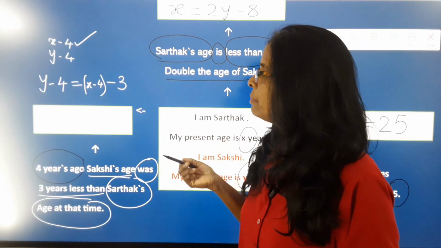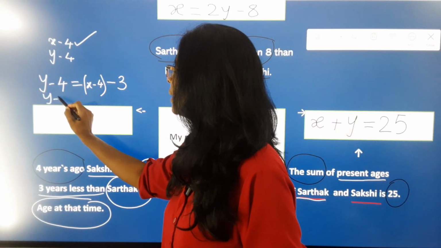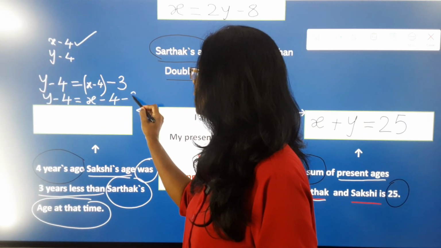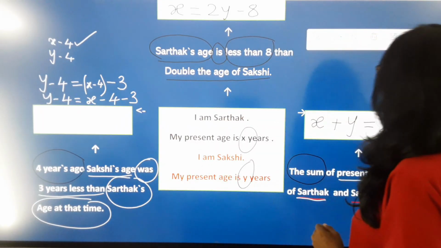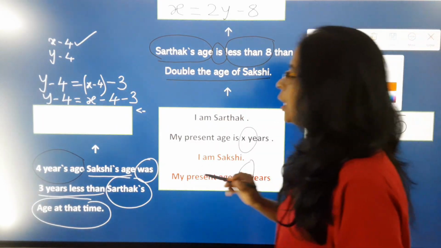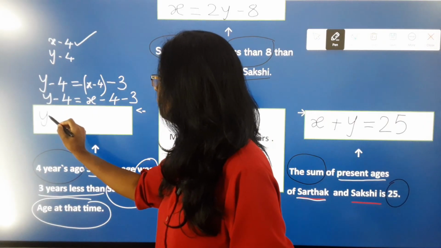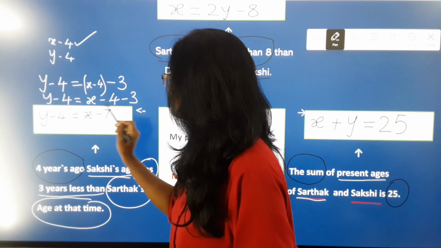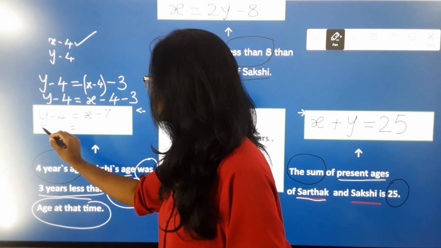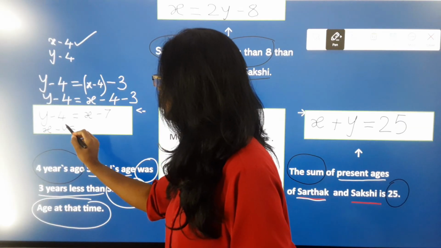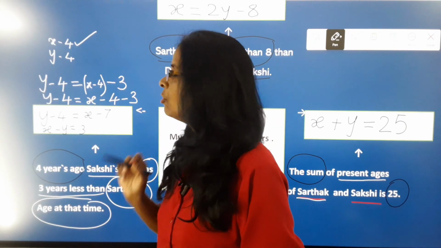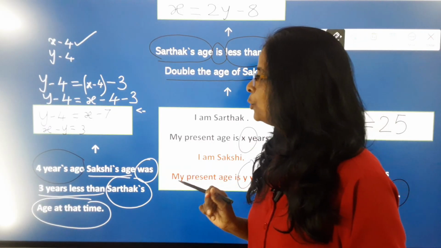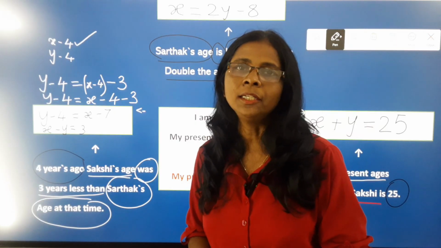We can also simplify it: y minus 4 is equal to x minus 4 minus 3, and the final equation is y minus 4 is equal to x minus 7. That means x minus y is equal to 3. So this is the final equation.